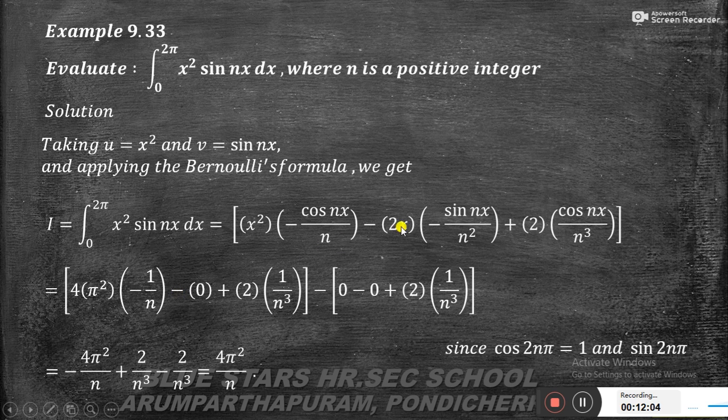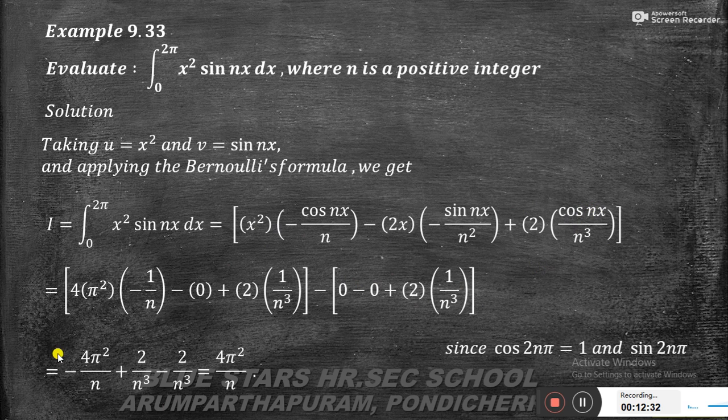Minus, again sin 2n pi is 0, so I represent it by 0, plus 2 into cos 2n pi, which is 1, so 1 by n cube. That is the upper limit value. Minus, next I apply the lower limit x equal to 0. 0 into anything is 0, the first value is 0, the second value is 0 into anything, 0. Next cos 0 is 1, so 2 by n cube.